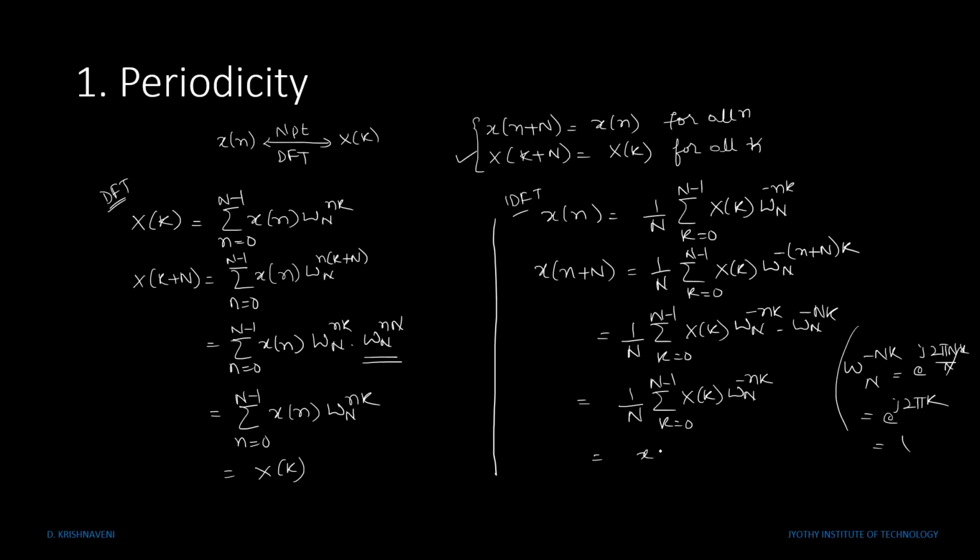It is x of n. So from this we have proved the first one, that is x of n plus capital N is equal to x of n. And here it was x of k plus N is equal to x of k. This is the periodicity property of DFT.